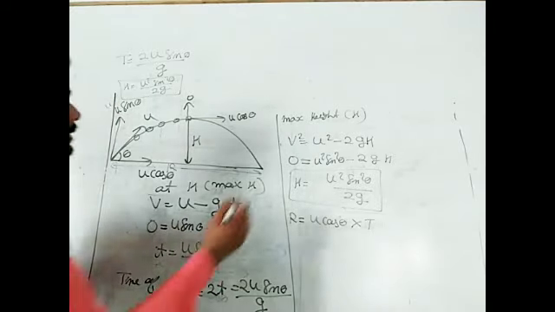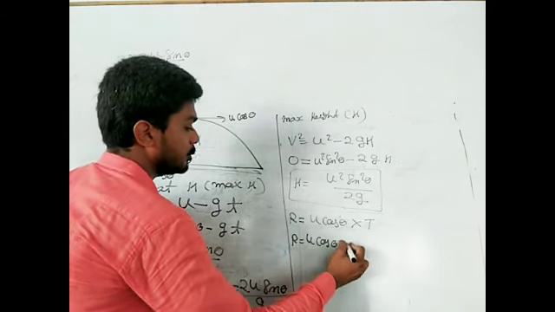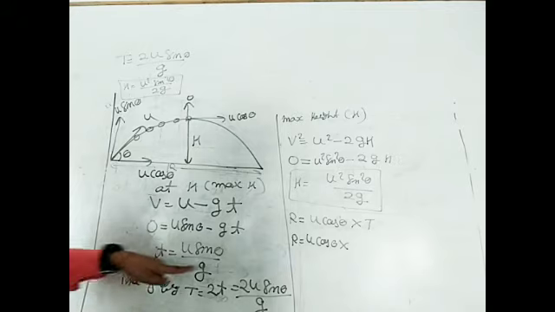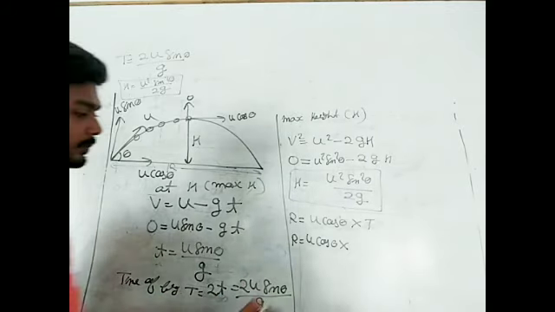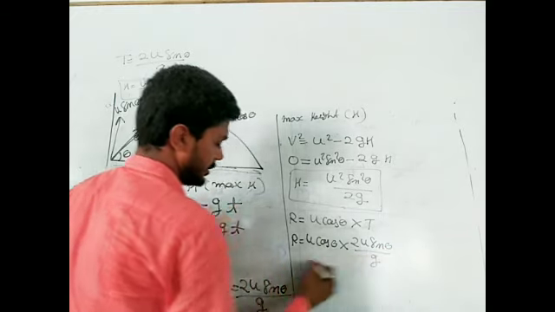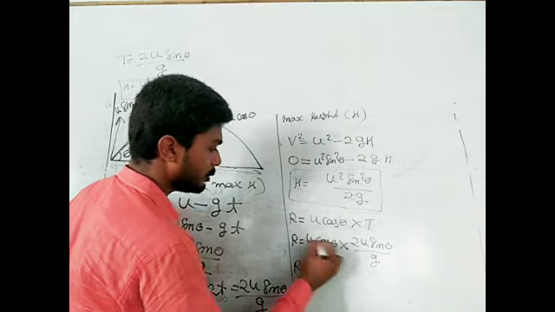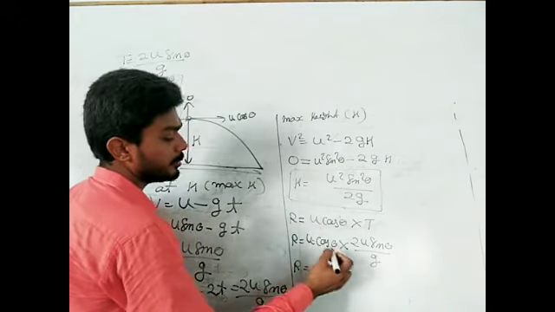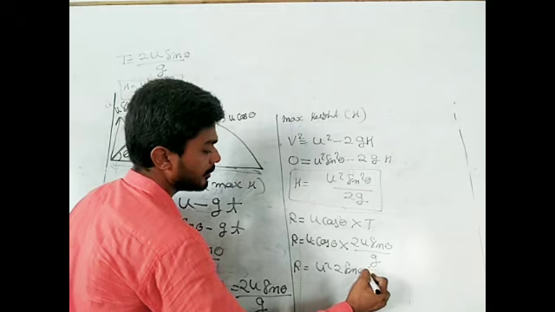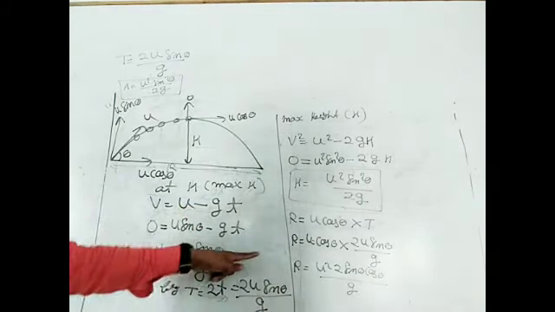Then range r is equal to u cos theta into t, and t is equal to 2u sin theta by g. Range r is equal to u into u square, 2 sin theta cos theta by g.